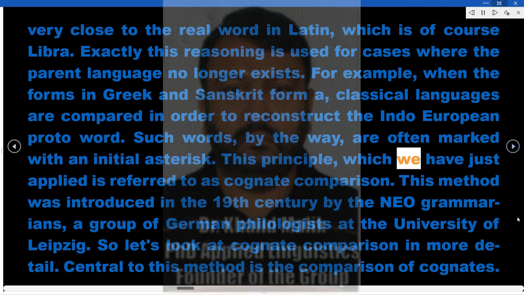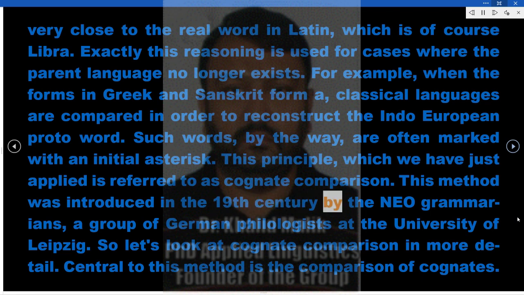This principle, which we have just applied, is referred to as cognate comparison. This method was introduced in the 19th century by the Neogrammarians, a group of German philologists at the University of Leipzig. So let's look at cognate comparison in more detail. Central to this method is the comparison of cognates.